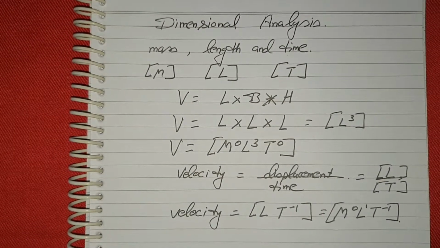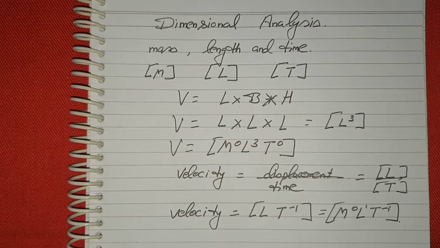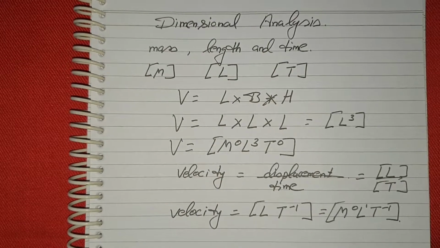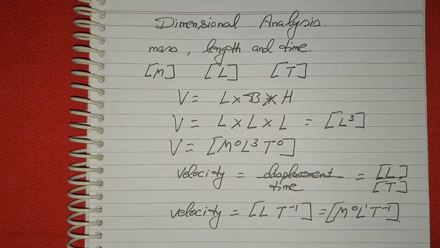Now the dimension formula of physical quantities can be obtained by defining their relation with other quantities whose dimensions in mass, length and time are already known. We will be discussing these in future videos.